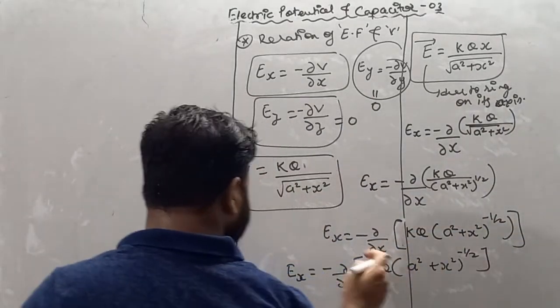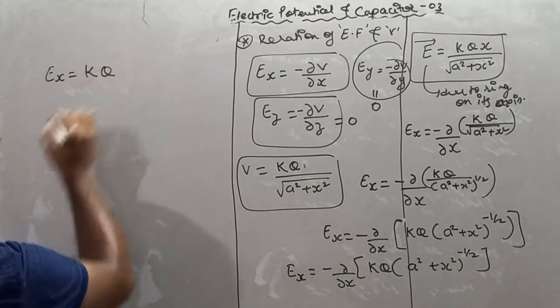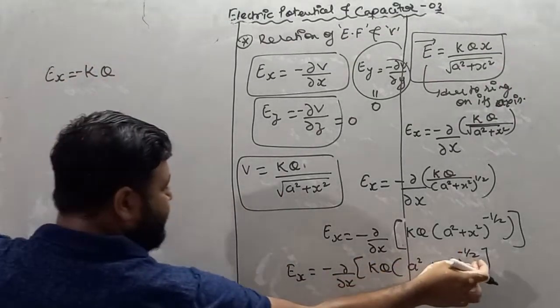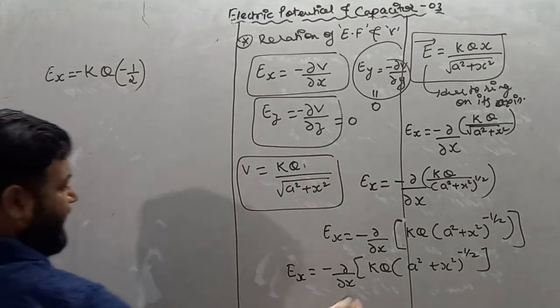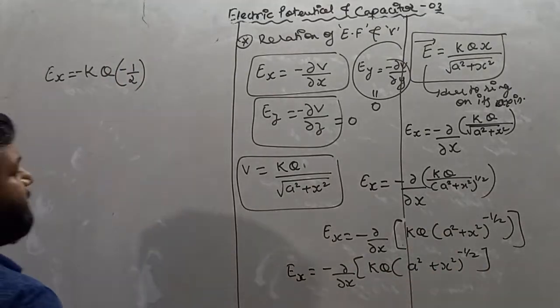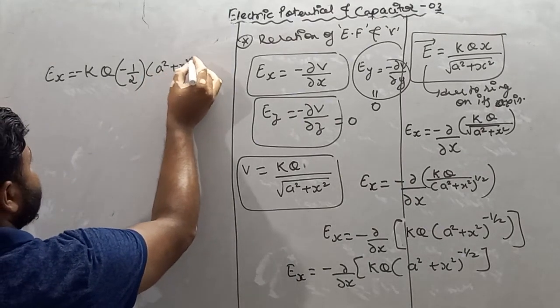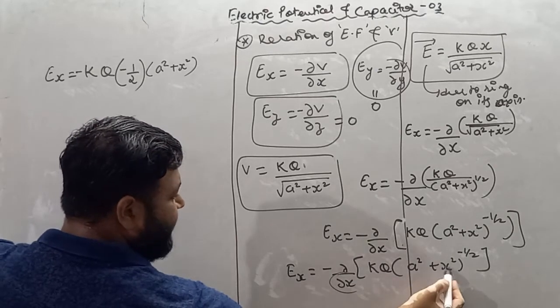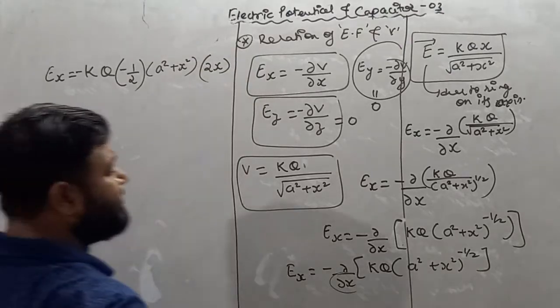So the power comes outside. kq is constant. It comes outside along with the minus sign, and this power also comes outside, so minus half, and then a square plus x square, and we have to differentiate this term with respect to x. So x square becomes 2x.